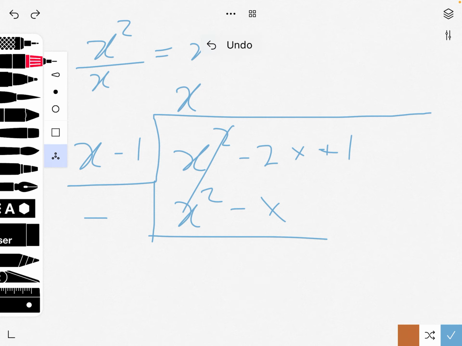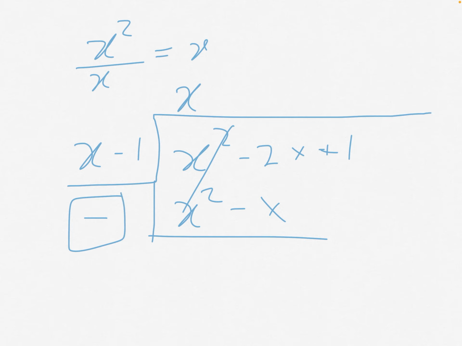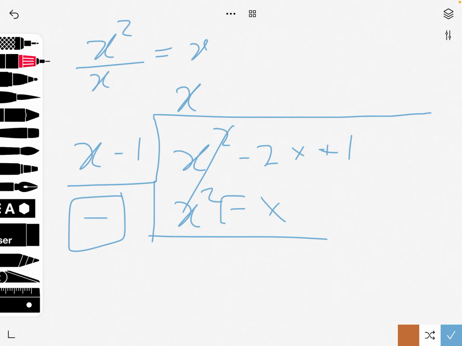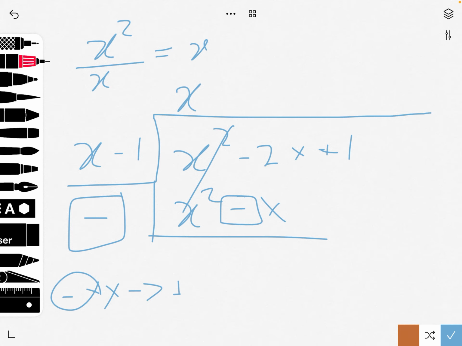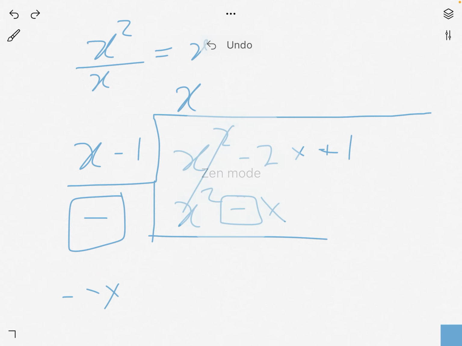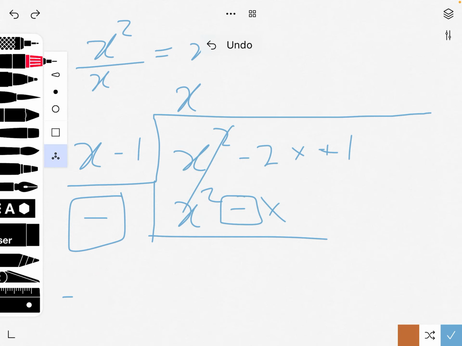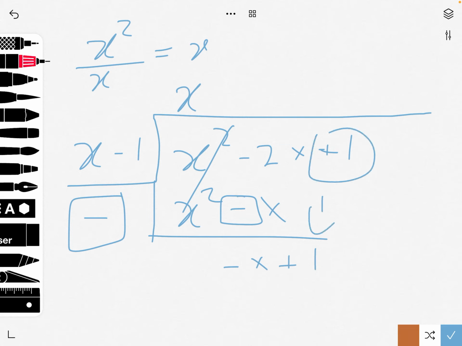Because there's a minus symbol here, and there is a minus symbol here. You are subtracting minus x, and minus minus becomes plus. Therefore, we are adding x to minus 2x. So minus 2x plus x is minus x, plus 1 because I'm bringing this term down.